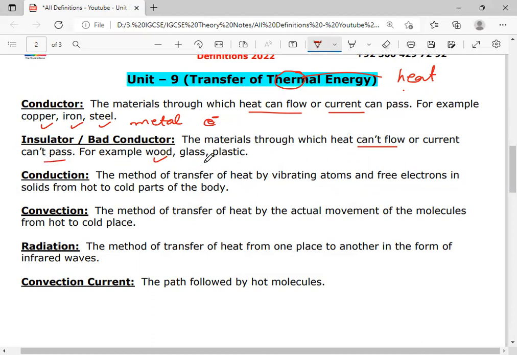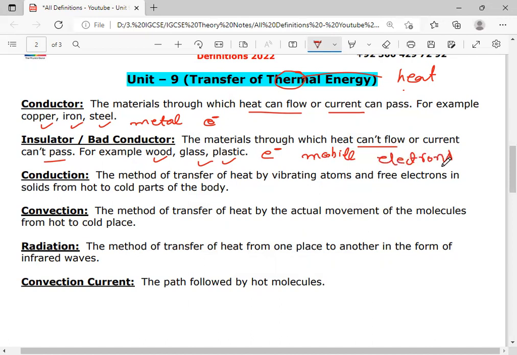For example, wood, glass, and plastic. And what is the reason that heat cannot flow easily through insulators? The reason is that there are no free electrons, or you can say mobile electrons.